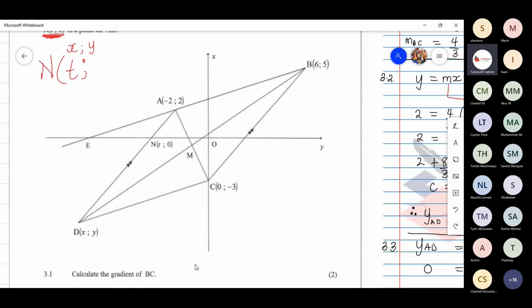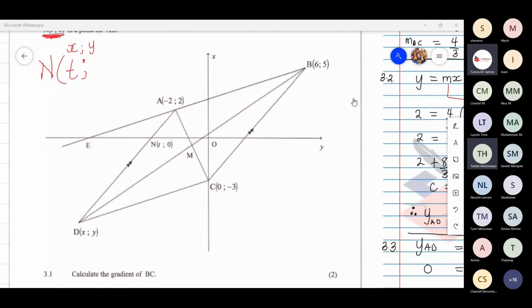Because D is a common point of AD and CD, whether you use DC or AD, you will end up with the same x and y values for point D, because that single point D is on both equations. That allows us to calculate using simultaneous equations. Samira, does it make sense?